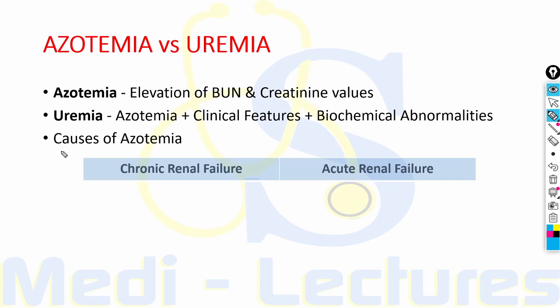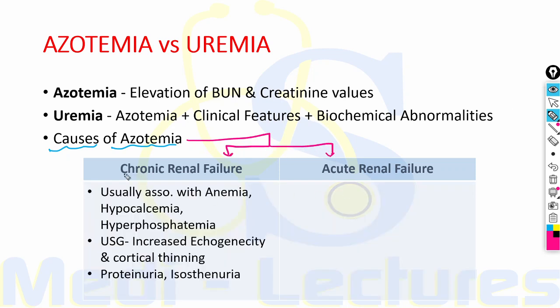Now, when we consider the causes of azotemia, what can lead to elevation of blood urea nitrogen and creatinine values? These can be due to either chronic renal failure or acute renal failure. Chronic renal failure is usually associated with anemia, hypocalcemia, hyperphosphatemia, etc. On ultrasound, we will see increased echogenicity of the kidney and cortical thinning.